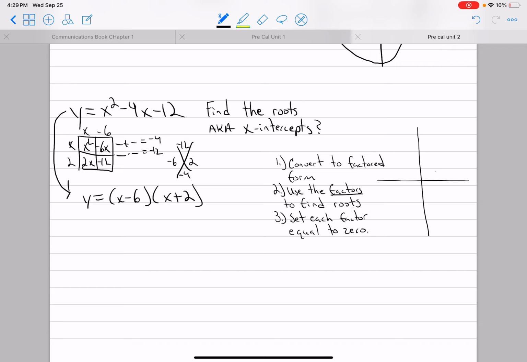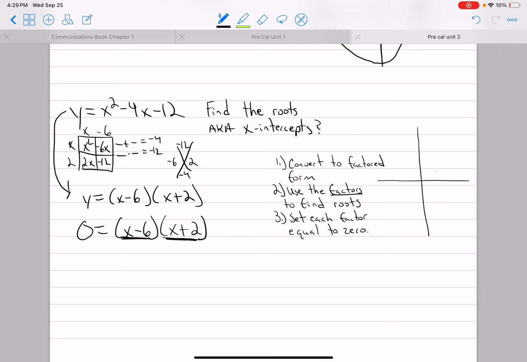Let's think about roots. What happens to all roots? We know that for all roots or all x-intercepts, y has to equal 0. So look what I'm going to do. I'm going to set y equal to 0. So 0 equals x minus 6 times x plus 2. Now let's pause here and slow down for a second. If I'm going to take this number, there are two numbers ultimately here.